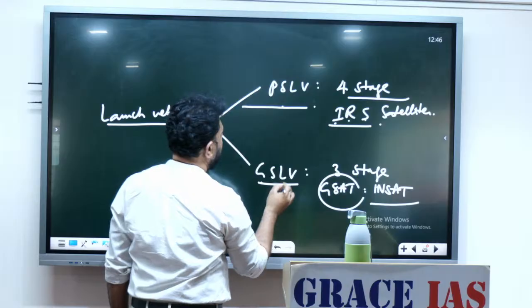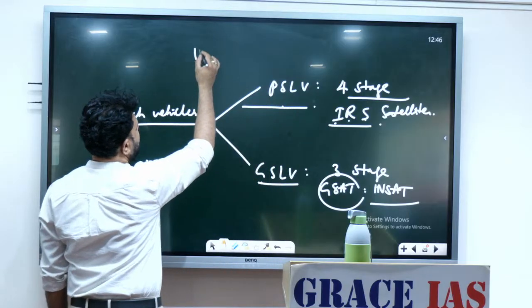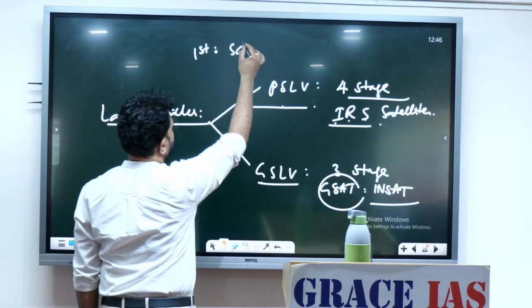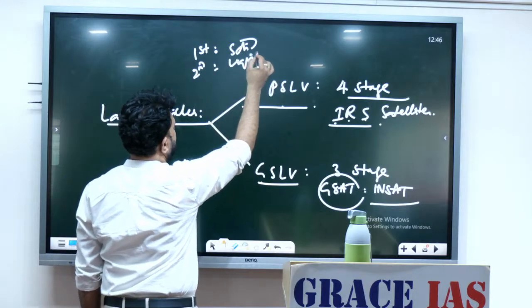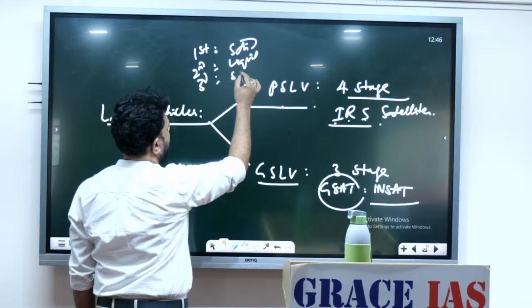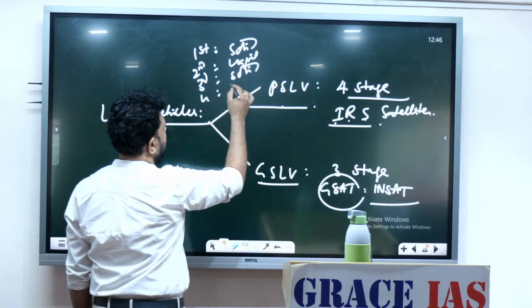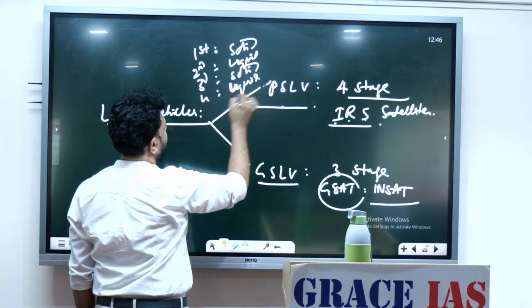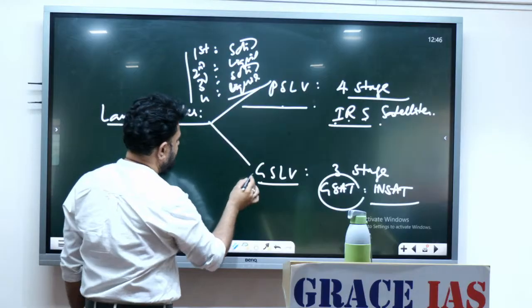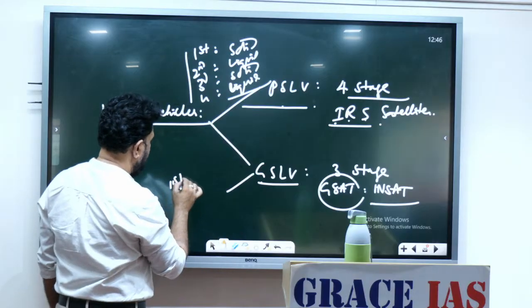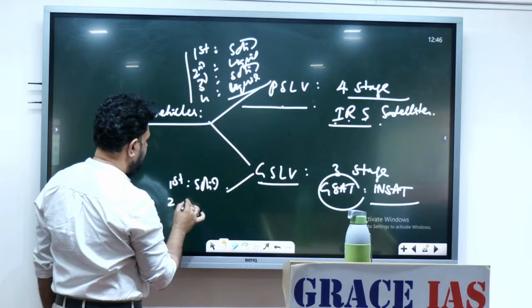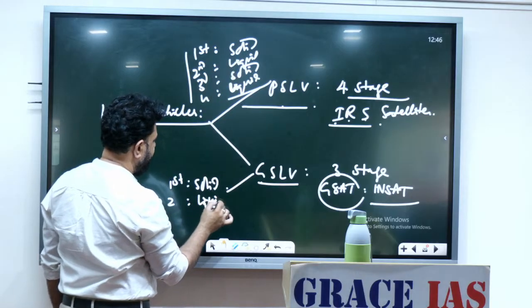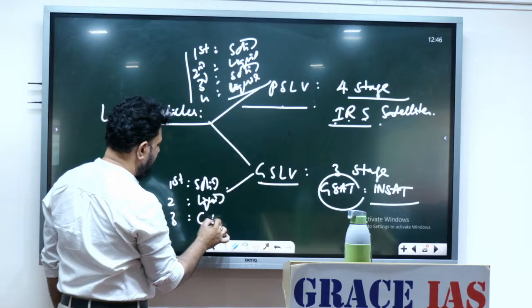In PSLV, the first stage is solid propellant, the second stage is liquid, the third stage is solid, the fourth stage is liquid. Whereas in GSLV, the first stage is always solid, because in all launch vehicles the first stage is solid, the second stage is liquid, and the third is a cryogenic upper stage.